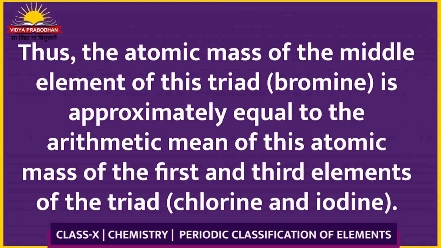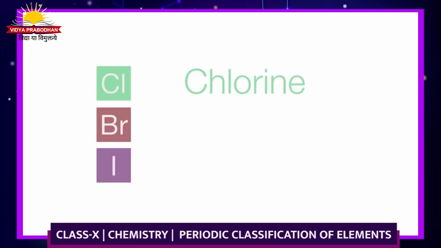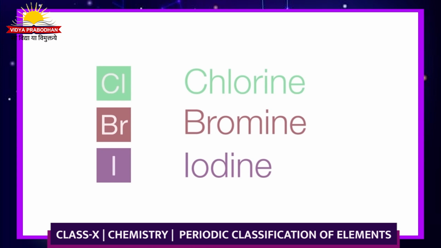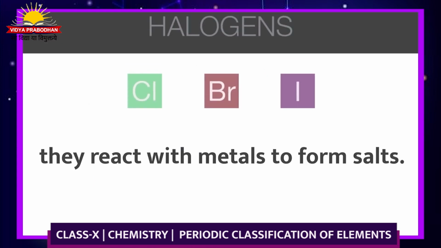Thus, the atomic mass of bromine is approximately equal to the arithmetic mean of the atomic masses of chlorine and iodine. Please note that chlorine, bromine and iodine are known as halogens because they react with metals to form salts.